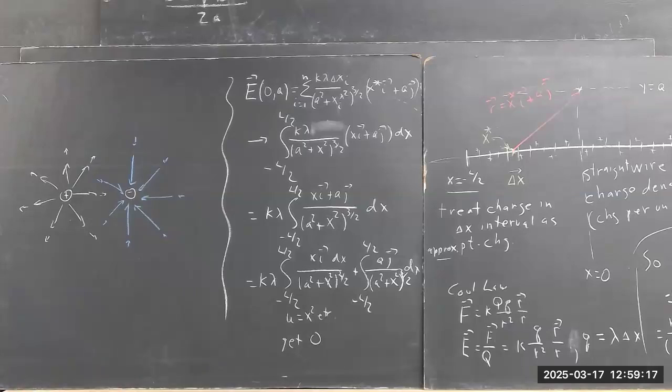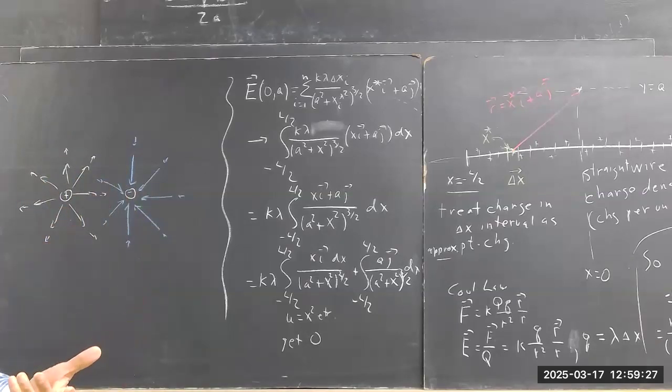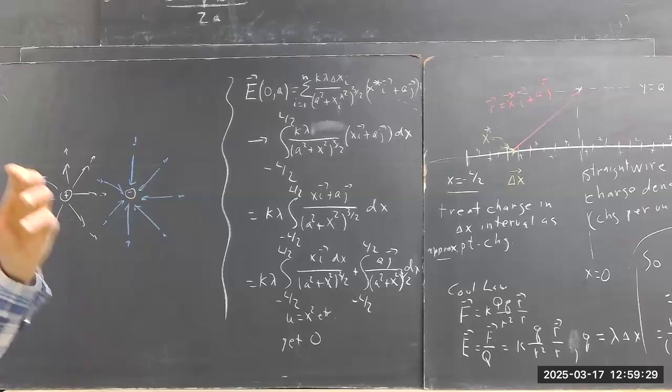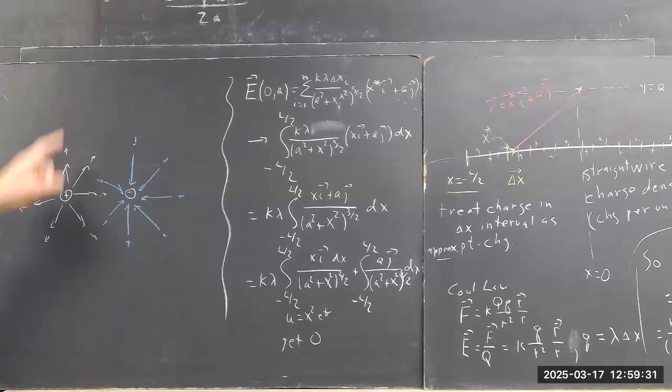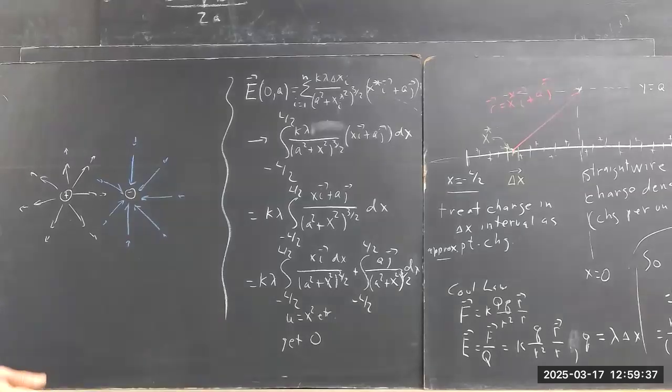Make sense? Because what's the electric field? Electric field is the force per unit charge on a test charge. If it's a positive test charge, it's going to be repelled from the positive and attracted to the negative. We generally assume a positive test charge. No real reason, usually, to think about a negative test charge.